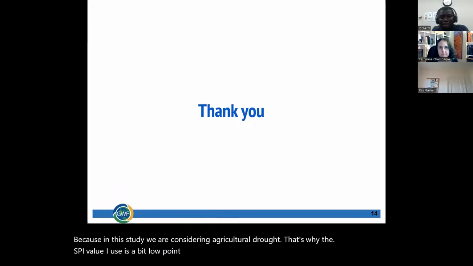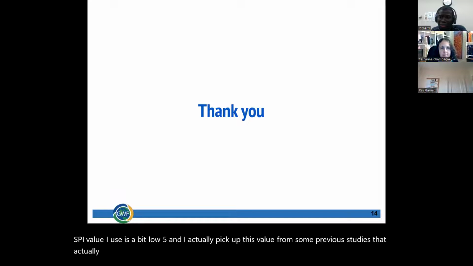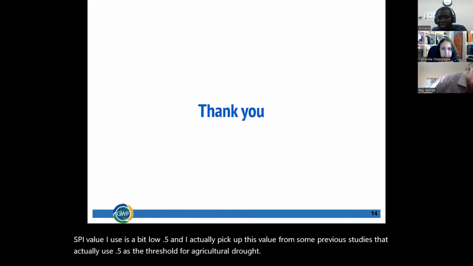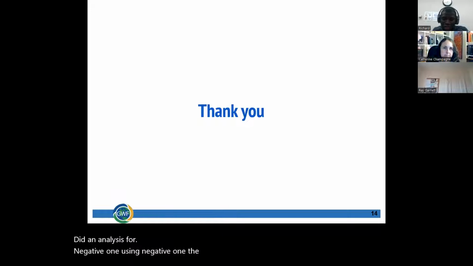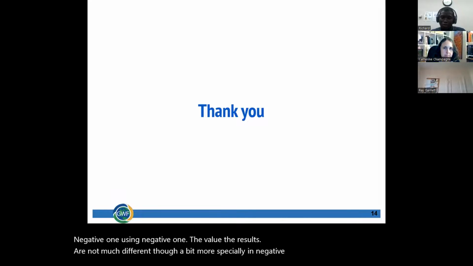And I picked this value from some previous studies that use 0.5 as the threshold for agricultural drought. I also did an analysis for -1. Using -1, the results are not much different, though, yeah, a bit more, especially in -0.5 compared to -1.